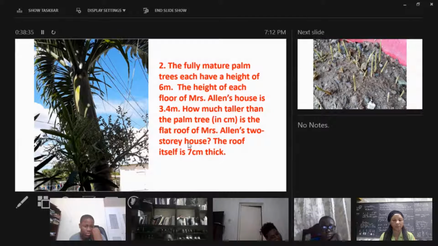The height of each floor of Mrs. Allen's house is 3.4 meters. How much taller than the palm tree in centimeters is the flat roof of Mrs. Allen's two-story house? The roof itself is 7 centimeters thick.